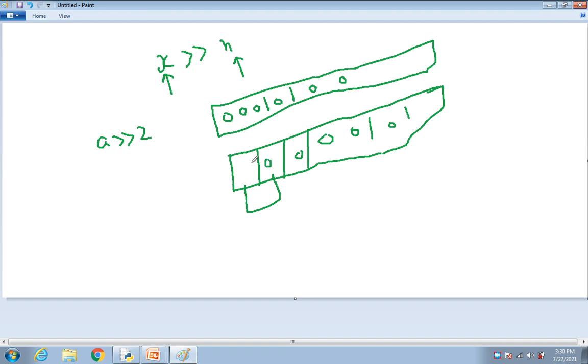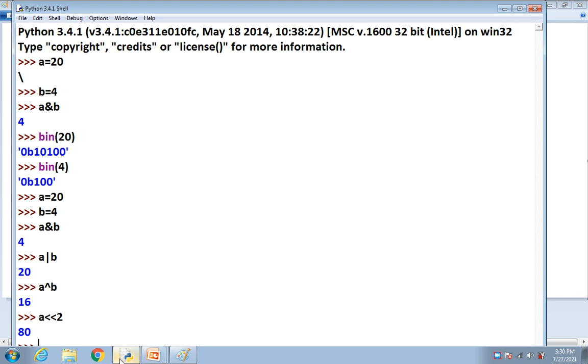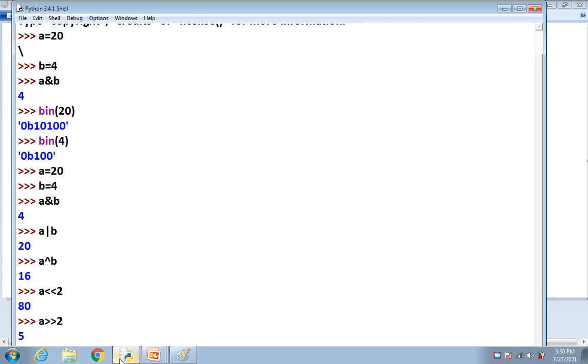If the number is positive, we put 0, and if the number is negative, suppose a was minus 21, then the spaces left we have to fill with 1. But since the number in our example is 20, we'll put 0 over here. So let's see what our answer is. A >> 2, answer is 5.